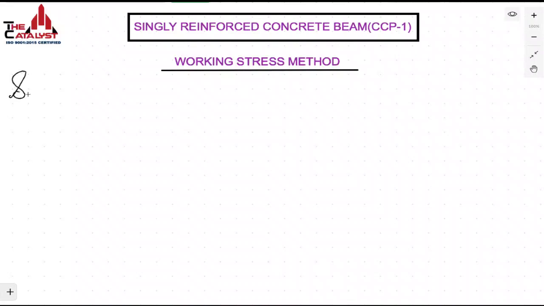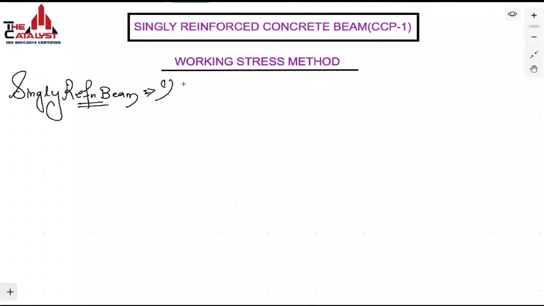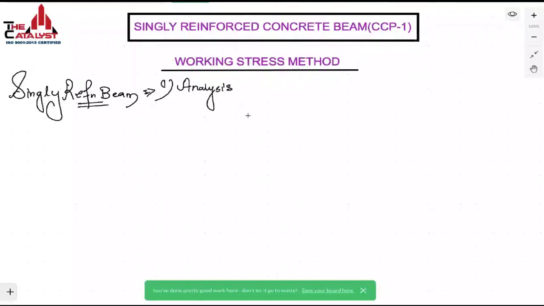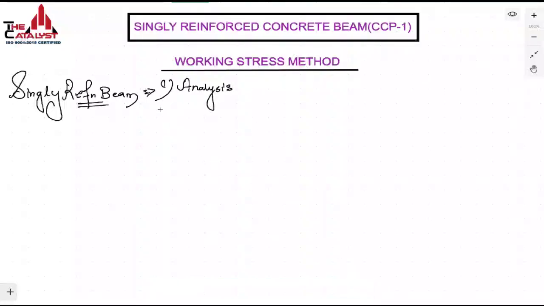Now this is the singly reinforced beam which we are considering in this lecture. Whatever the beam is, there can be three different types of questions which can be asked in the examination. That is the analysis of the singly reinforced beam.